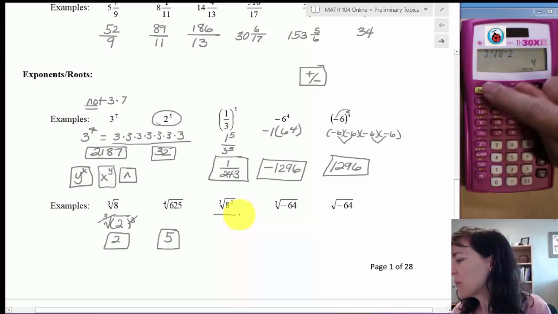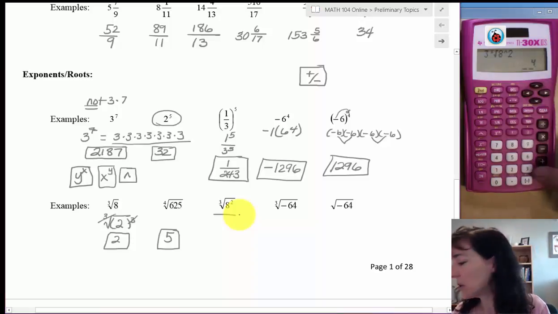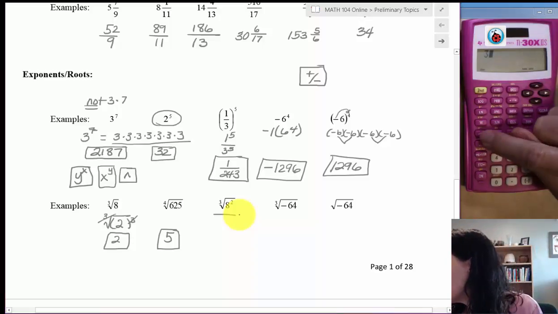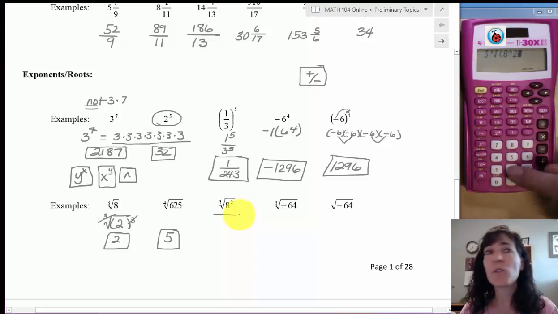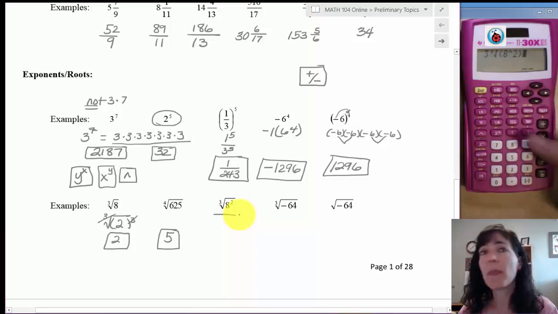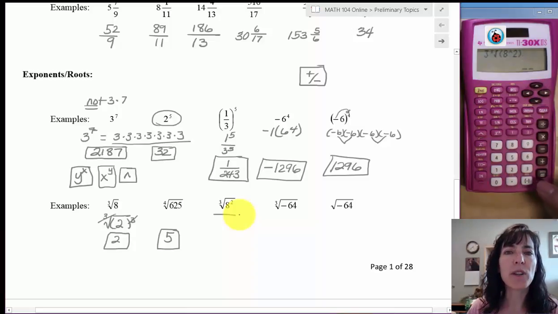So let's try it one more time. So we'll do the third root, and then I'm going to put parentheses 8 squared, like that, so that it's going to square the 8 first and then do the cube root. And there I get 4 still.